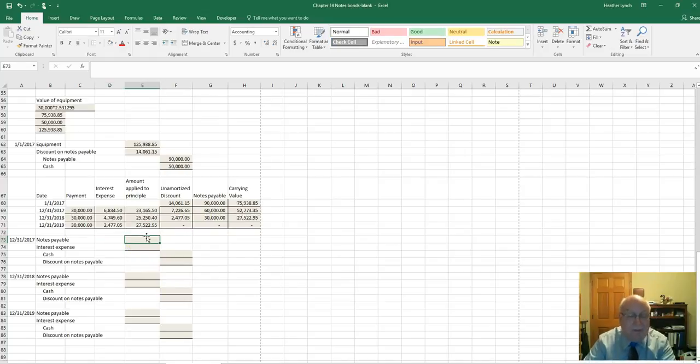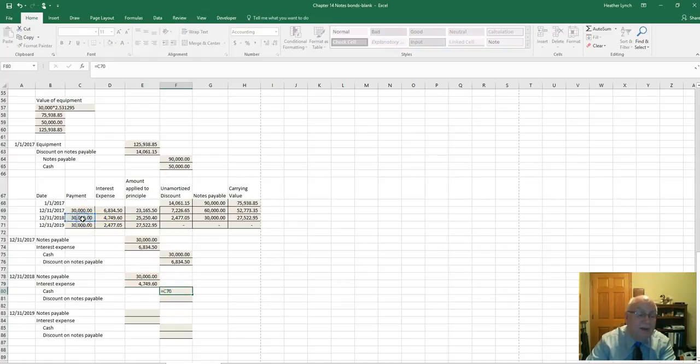Okay, so notes payable. We got the entry recorded already. So notes payable is 30,000. That's how much we're paying. Interest expense is 6,834.50. Cash is 30,000 each year, and this is the interest expense for the first year. For the second year, we look at 30,000, 4,749.60.